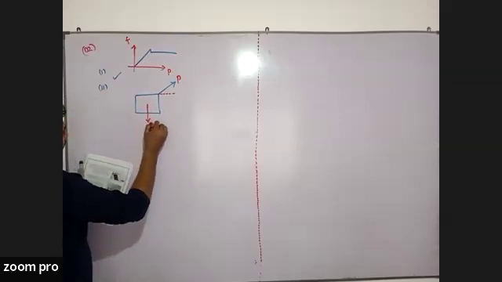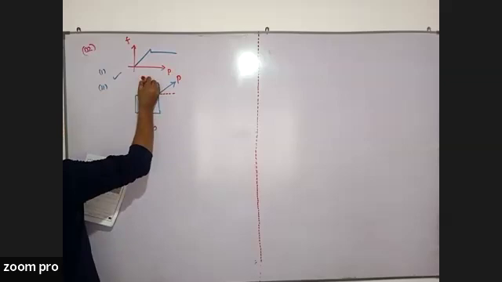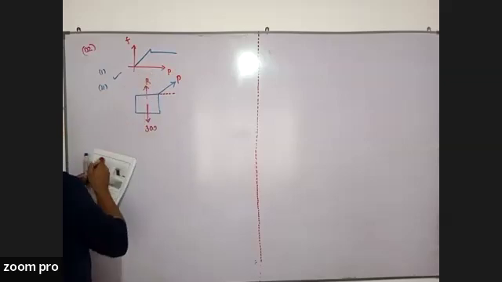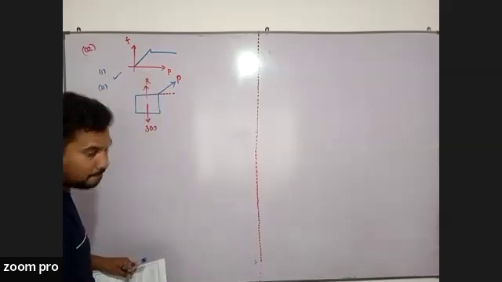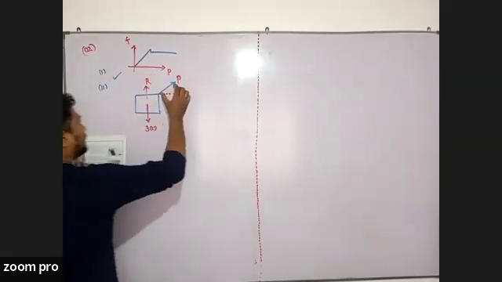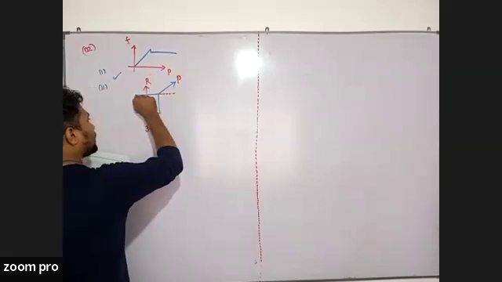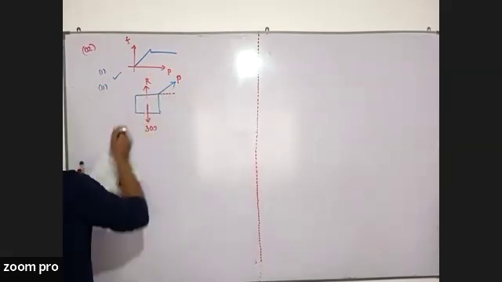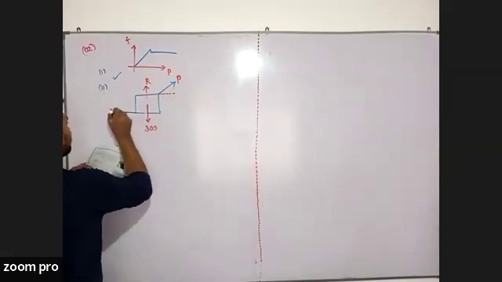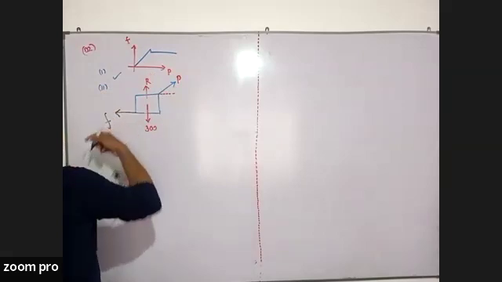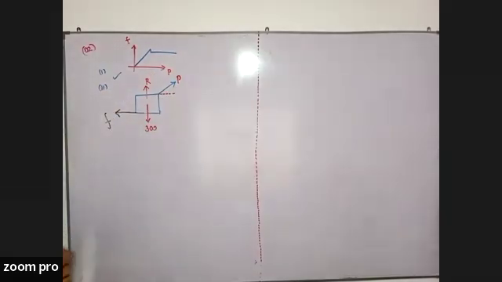It is 300, and the normal reaction which is exerted by the ground. And now, due to this applied force, this box tends to move to the right side. So as a result, the friction force should be exerted in the opposite direction. Right?